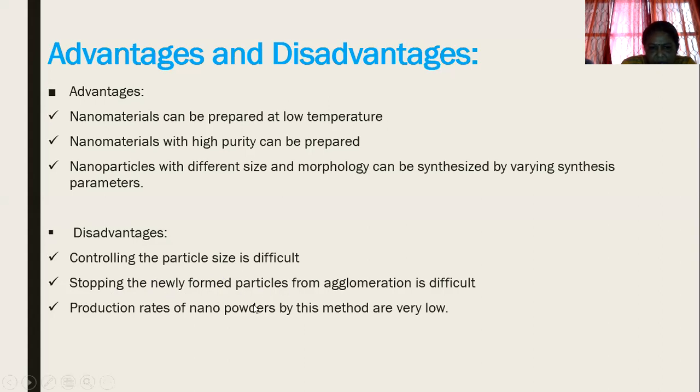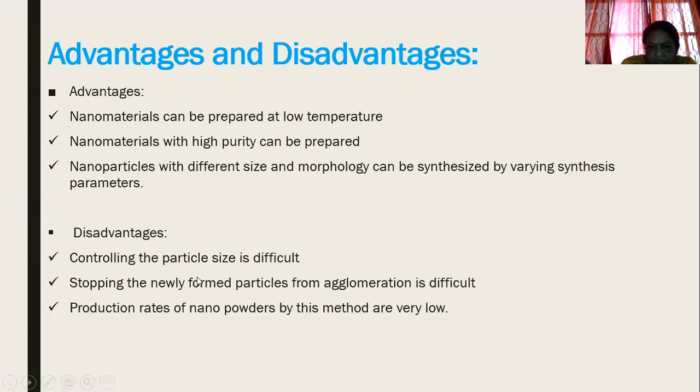Any kind of impurities or newly formed particles may come and agglomerate with the desired particle, that may also happen. So you want a particular molecule, instead of that molecule you get 2 or 3 kinds of molecules, and they are formed during the reaction. This may also happen. You cannot control it. That is a problem. And production rate is very slow, and the yield is also very low.